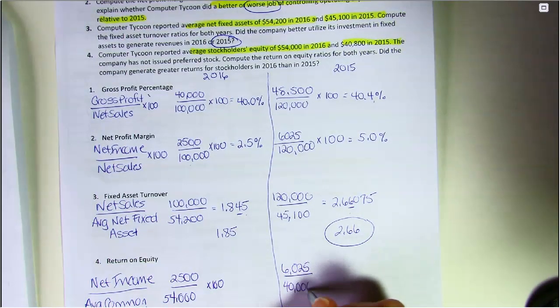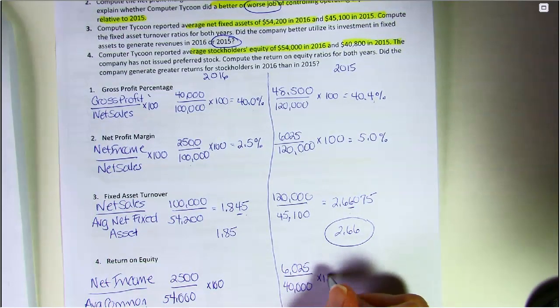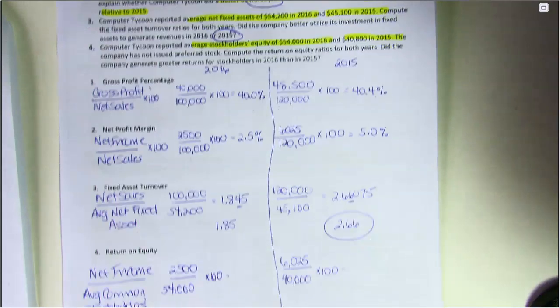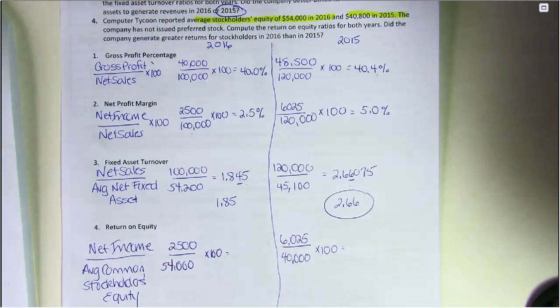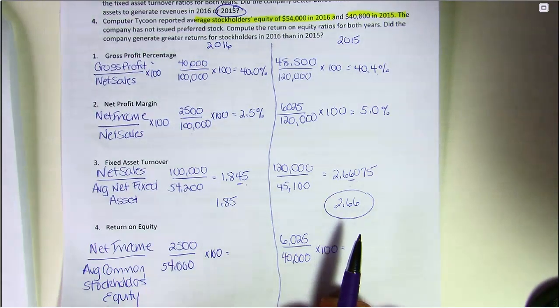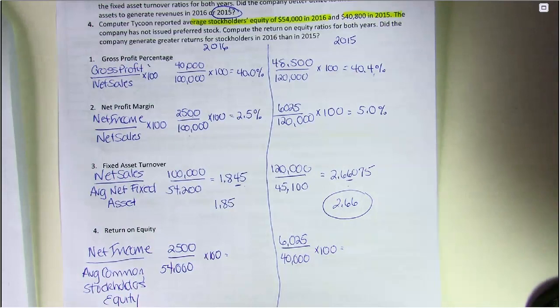And this will need to be calculated as a percent, so we'll be multiplying by 100. How do you know that? Look at the way the problem is presented in Connect. If you see a percent in the computer problem, then you have to multiply it by 100 to change it to a percent, and then watch to see what number of decimal places it should be rounded to. In our case, it's 1 place.